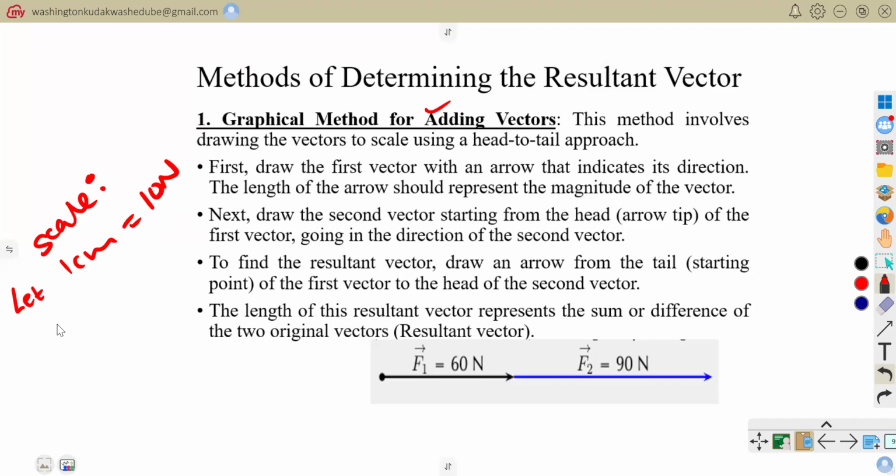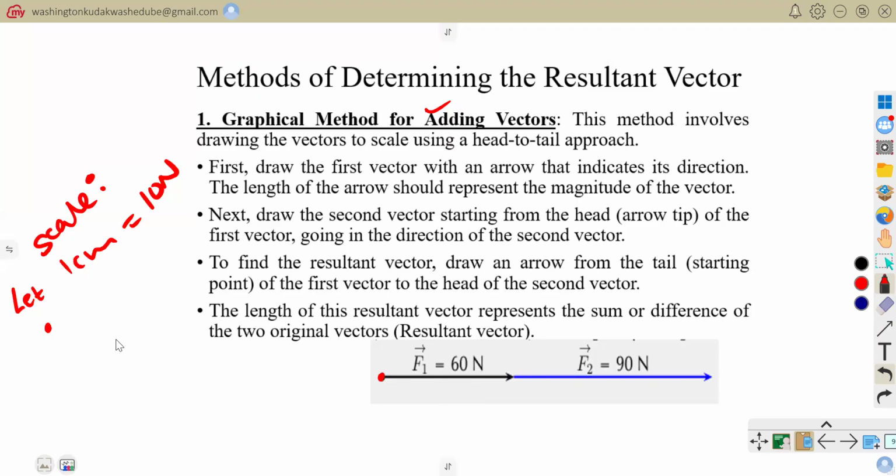Then you need to choose your reference point where you are starting. I can choose to start here. Then I draw my vector, which is 60 Newton, using the arrowhead method.